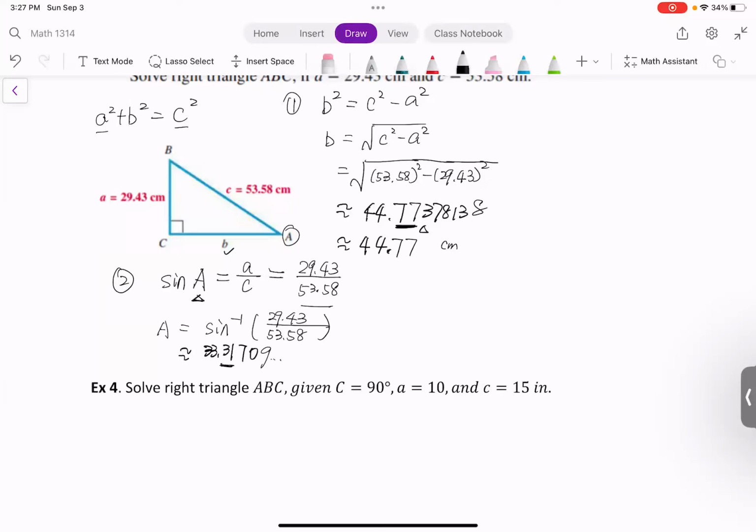If I keep 2 decimal places, I have 33.32 degrees. And here, if I ask you one question, for example, I say round to the nearest minutes.